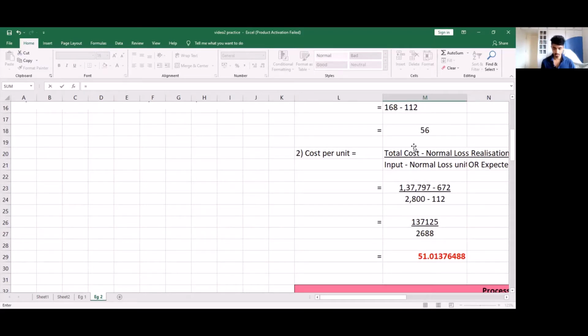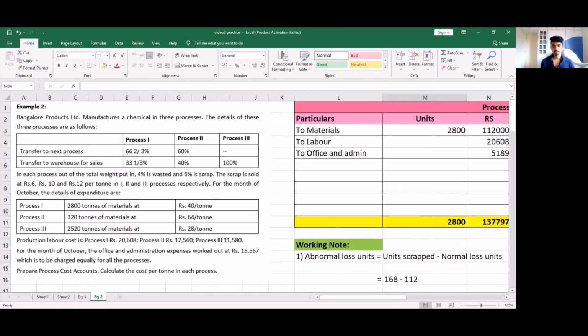In process 2, the cost per ton is 63.721. And finally, the cost per ton in process 3 is 45.19. This brings us to the end of this question as well. I hope you have understood everything in these two questions. This brings us to the end of how to prepare a process account.